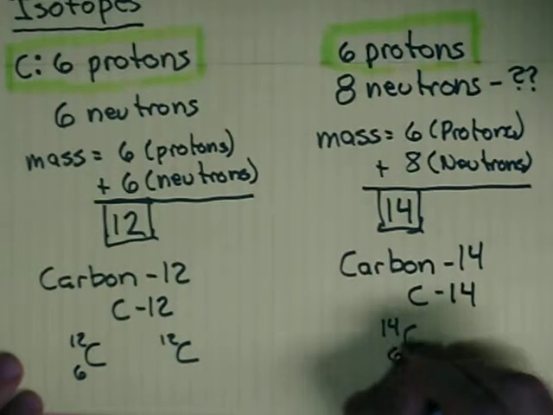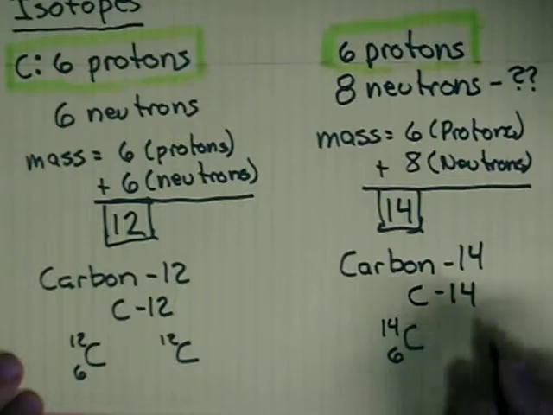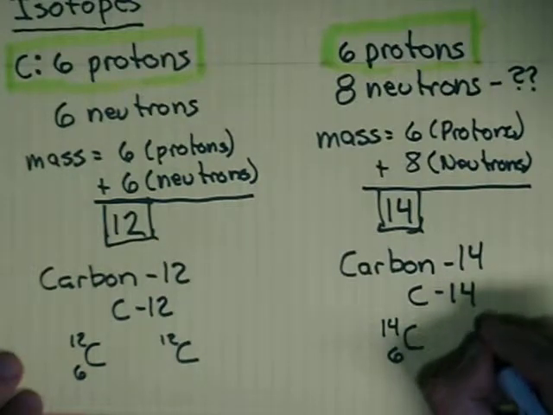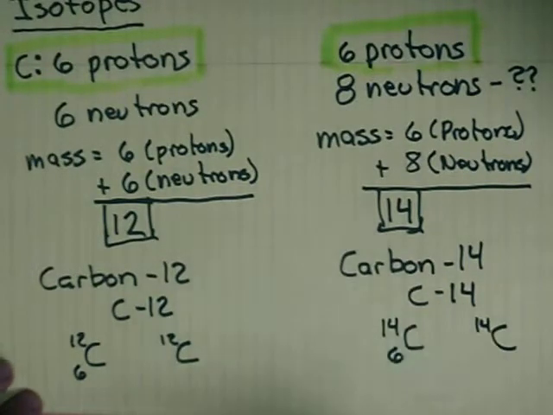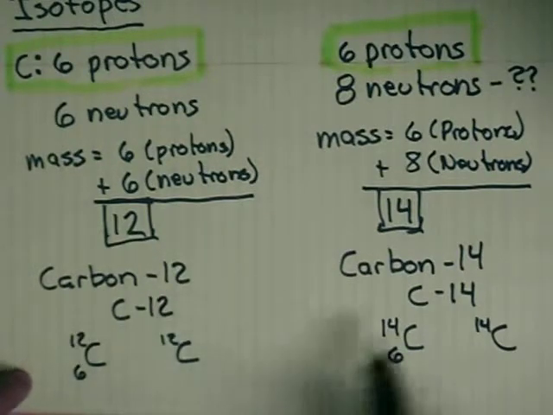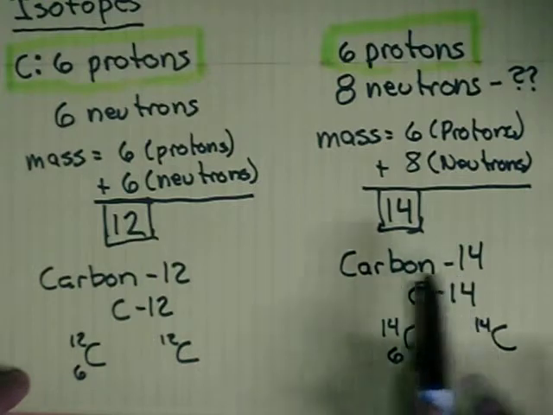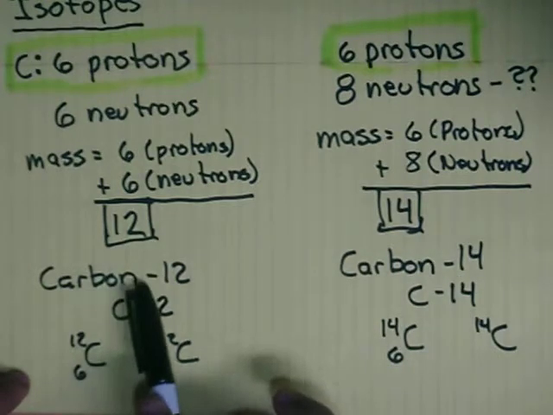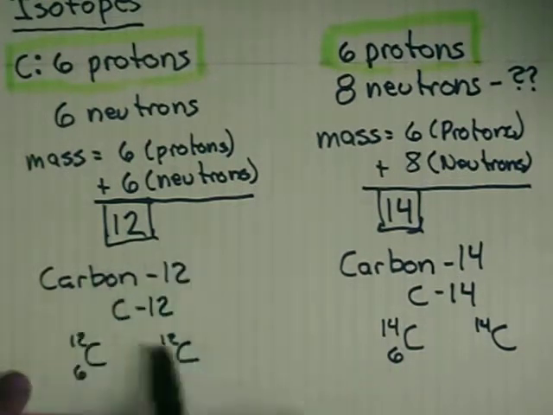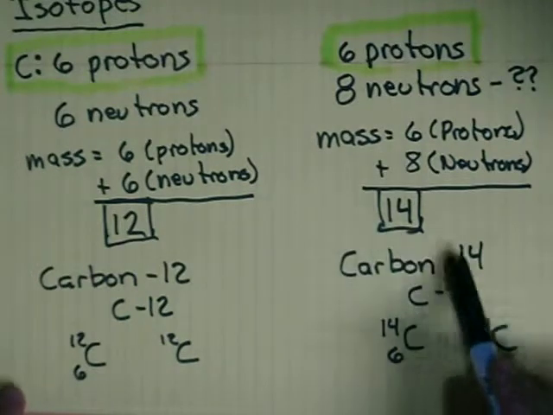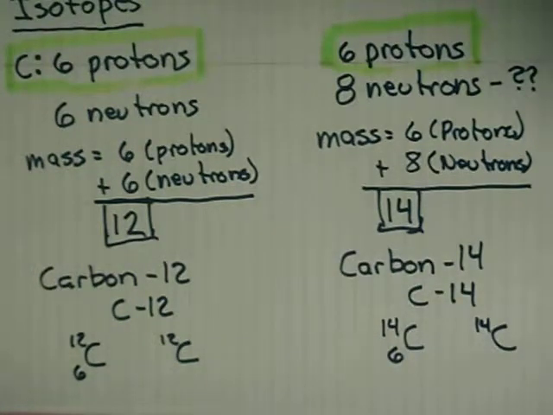14, written this way, 14C6, or possibly 14C. And these four are just to present you with different ways that carbon with a mass of 12, 6 protons, 6 neutrons, could be written any of these ways, and carbon 14 could be written in any of these ways.